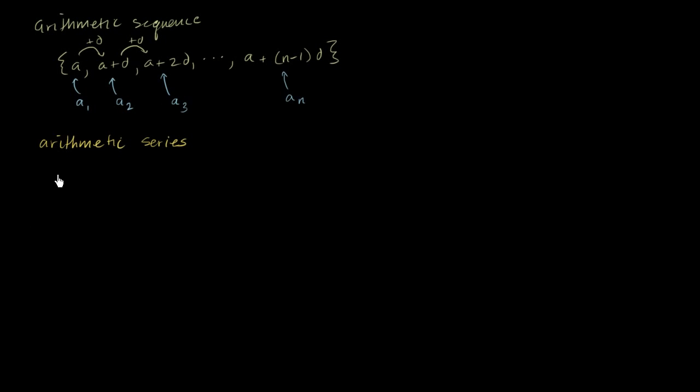So let's call my arithmetic series S sub n. And let's say, well, it's just going to be the sum of these terms. It's going to be a plus a plus d plus a plus 2d plus all the way to adding the nth term, which is a plus n minus 1 times d.